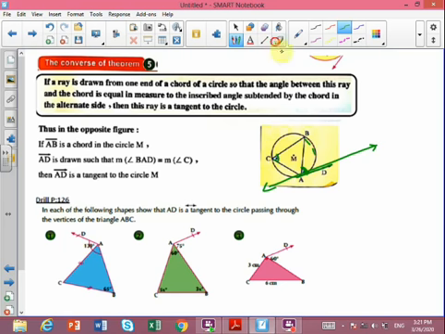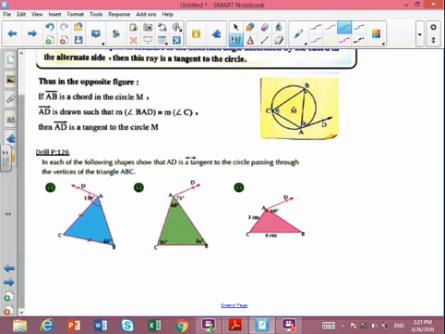So if AB is a chord in circle M, and AD is drawn such that the measure of angle BAD equals the measure of angle C, then AD is a tangent to the circle. In each of the following shapes, show that AD is a tangent. I want to prove that AD is a tangent to what? Where is the circle?